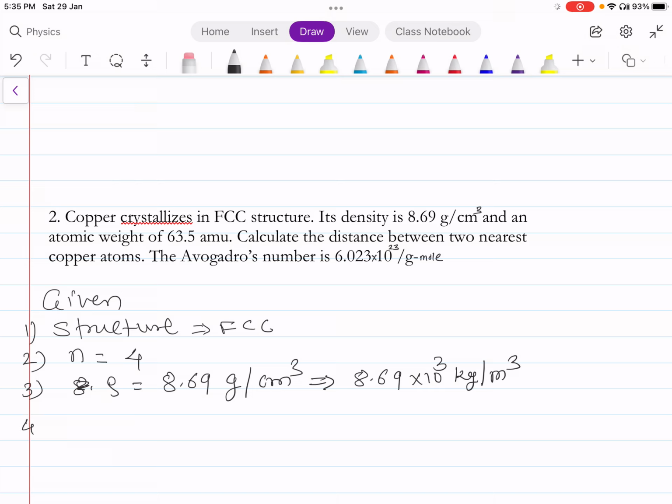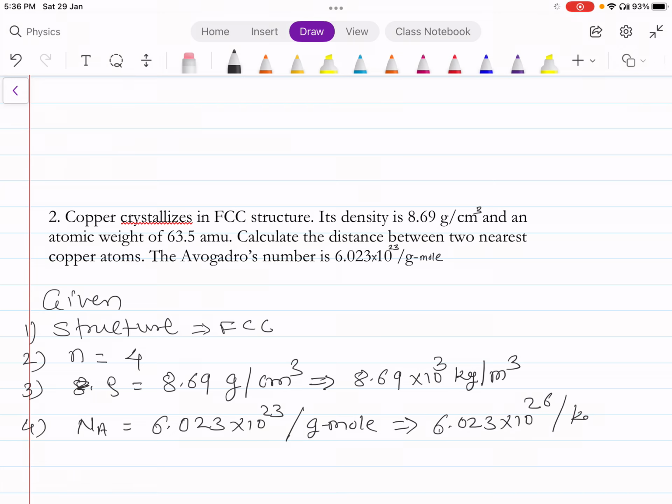Avogadro's number is given here: Na is 6.023 into 10 to the power 23 per gram mole, which is equal to 6.023 into 10 to the power 26 per kg mole in MKS system.